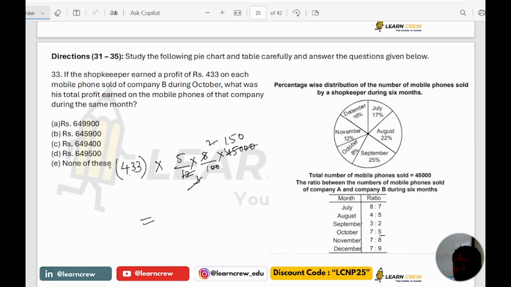The answer must end with 5 as non-zero digit. The only option with non-zero digit 5 is 6495. The answer ends with two zeros, as I told, it's a multiple of 100. Because here I have 10, here is one more 10. 10 into 10, 100 means you'll get two zeros. And the non-zero digit is 5. That's why directly I could say 649500.